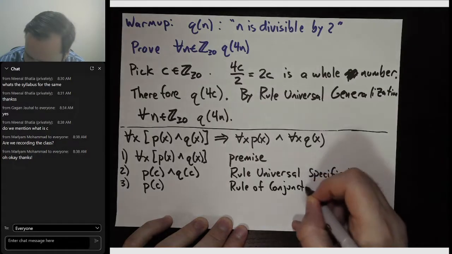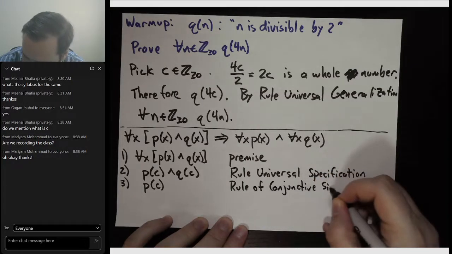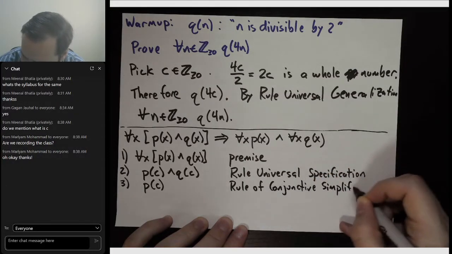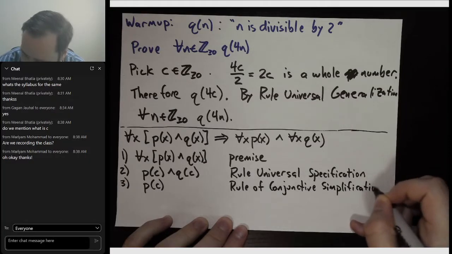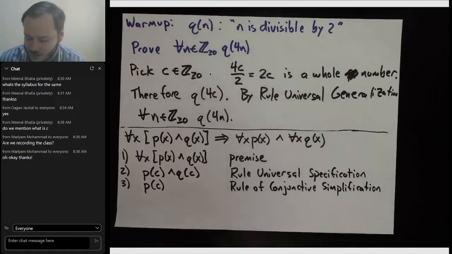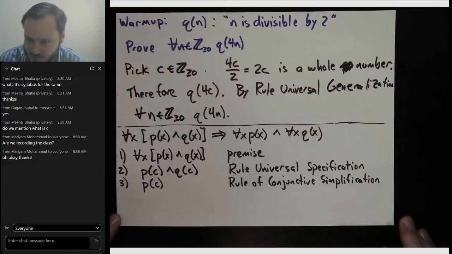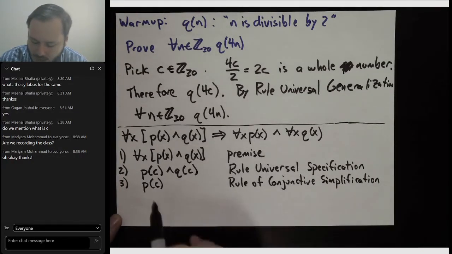Conjunctive simplification. This is one of our laws of inference that I'm using here. And now I have p of c, but c is just an arbitrary member of my universe.